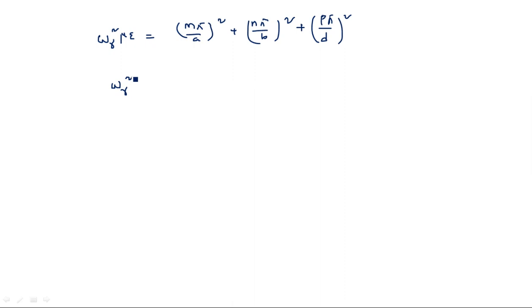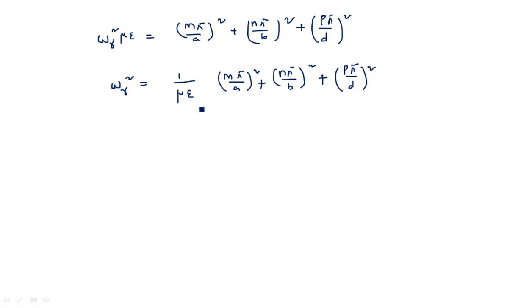So keep this on one side, m pi by a whole square plus n pi by b whole square plus p pi by d whole square into.